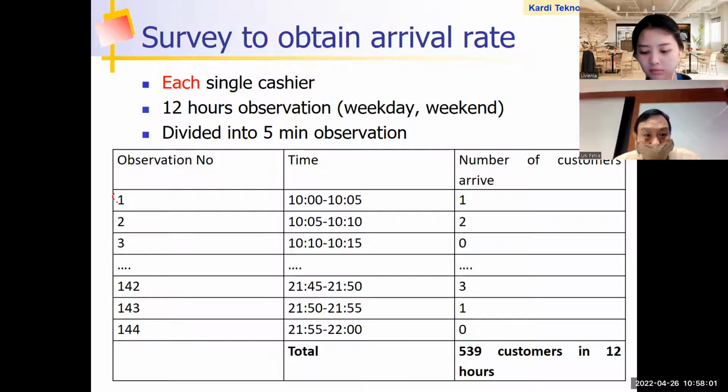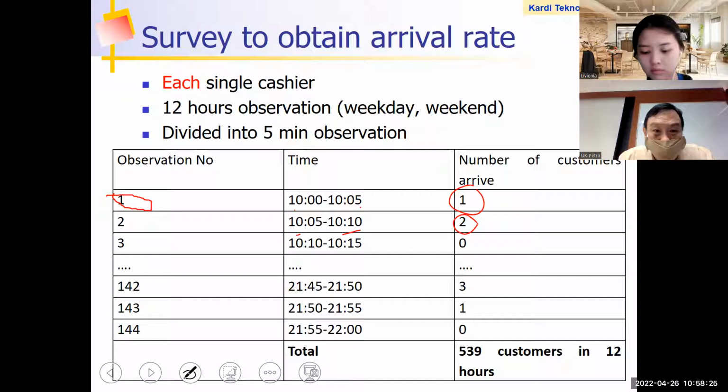Say customer number 1 arrives between 10 and 10:05. So how many customers arrive? 1. In between 10:05 and 10:10, a 5-minute interval later, how many customers arrive? 2. And so on.